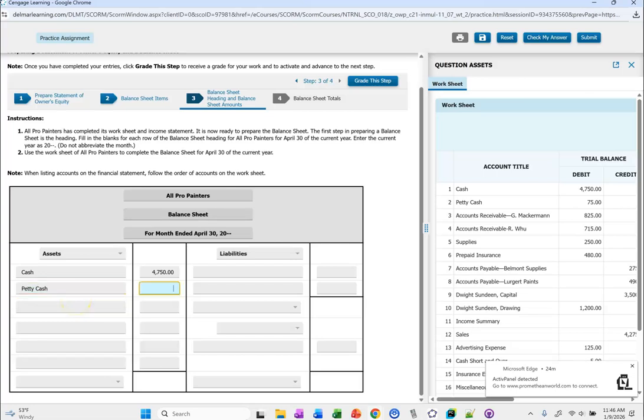And for, what was that, $75? The next one should be accounts receivable, Mackerman. Yeah, Mackerman. For a minute. What's that, 825?